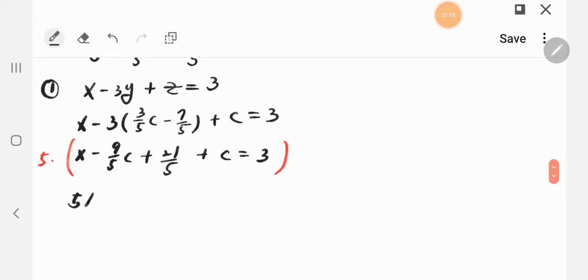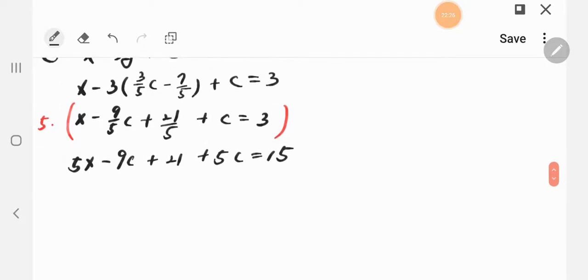Then 5x, you can get rid of the denominator 5. Denominator 5 is equals 15. Then let's solve for x. Combine these two.